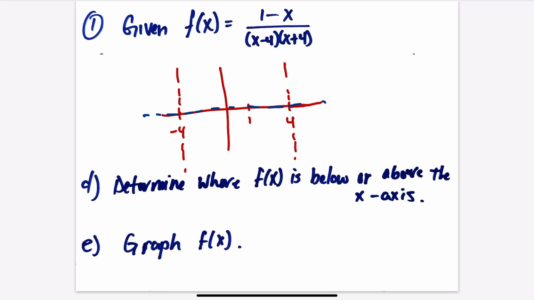So again, I already did some test points. When I tested a point to the left of -4, the graph went like that. When I tested in between -4 and -1, the graph went negative, and then after 1 to the right here, when I tested this, it was positive. So the graph crosses through that x-intercept, and it was positive.